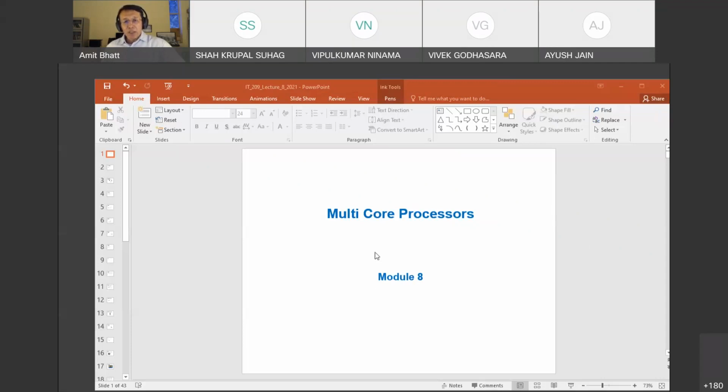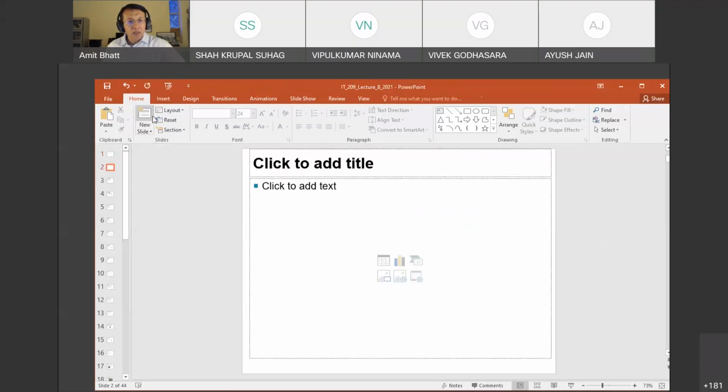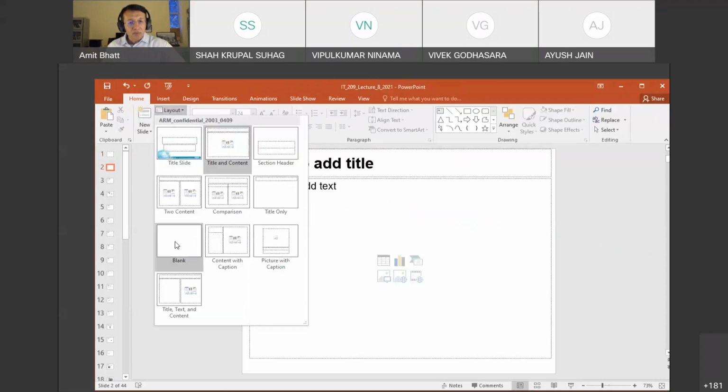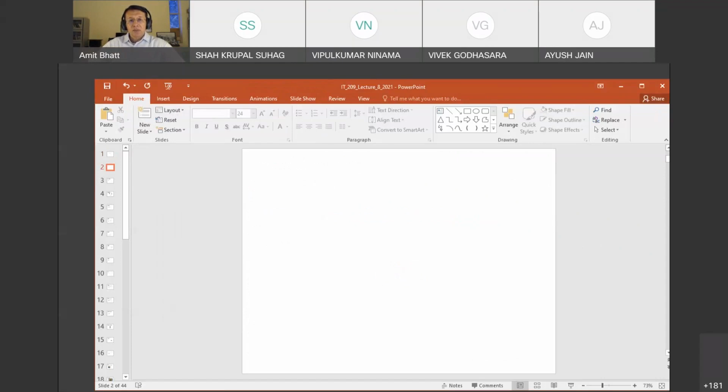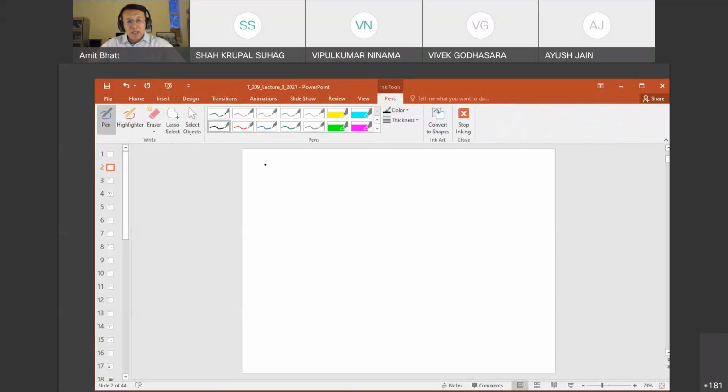So there is a difference between multiple processors and multi-core processor. So let me tell you what was happening before and now what is happening. Previously there used to be multiple processors.